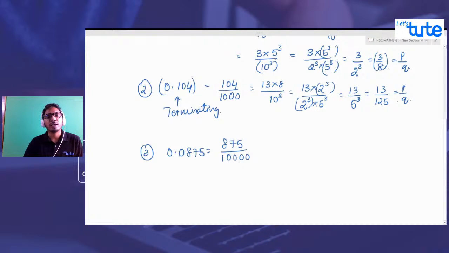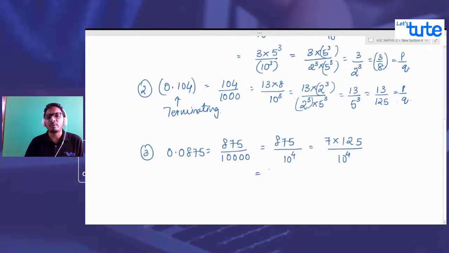This depends on how many digits are there after the decimal. So this can be written as 875 divided by 10 power 4, and this further can be written as 7 multiplied by 125 upon 10 power 4.